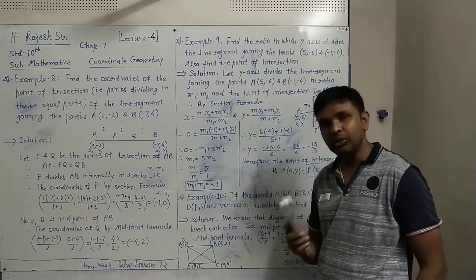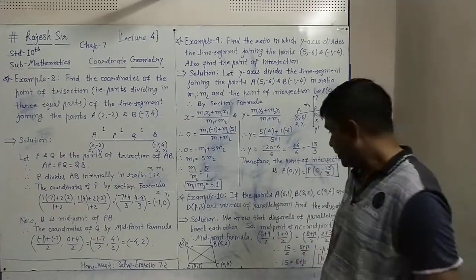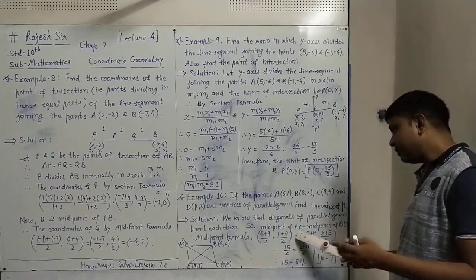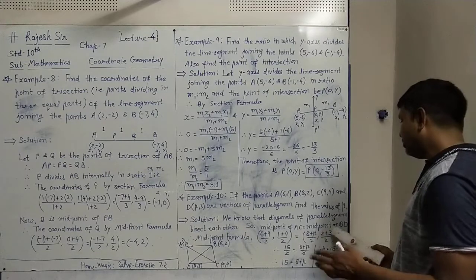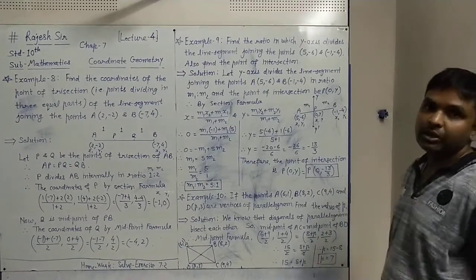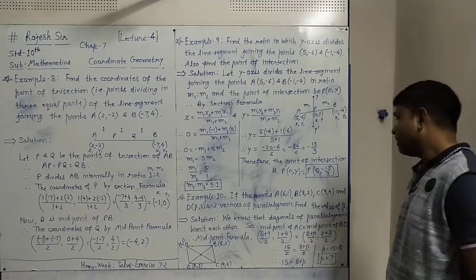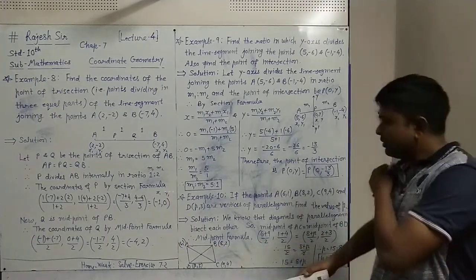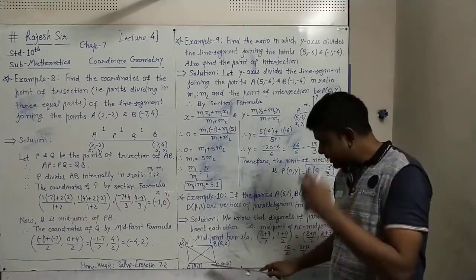The midpoint of both diagonals will be the same point. So the midpoint of AC, one diagonal's midpoint, equals the midpoint of BD, the other diagonal's midpoint. By the midpoint formula, what is the midpoint of AC?